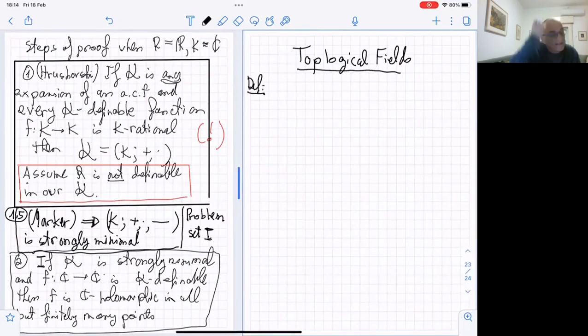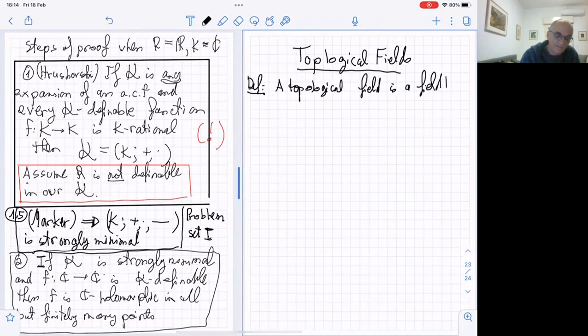A topological field is like a topological group, but with a bit extra. So a topological field is a field, first of all, F, with a topology tau, such that all the operations, x plus y, x minus y, x times y, these are functions from F squared to F, are continuous.